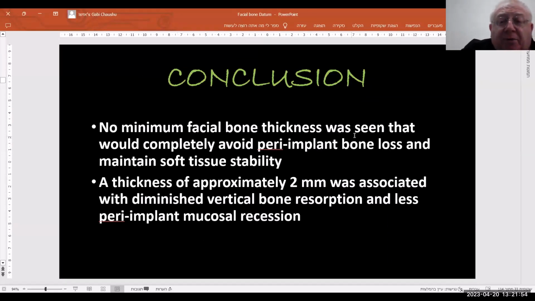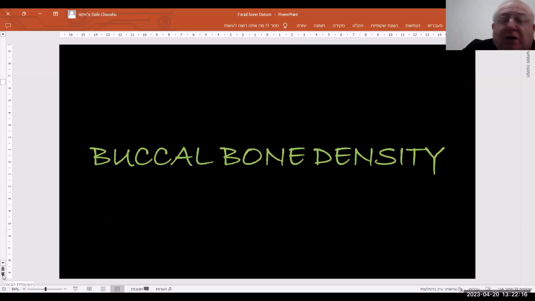No minimum facial bone thickness was seen that would completely avoid peri-implant bone loss and maintain soft tissue stability. However, their impression was that a thickness of approximately 2 millimeters can be associated with diminished vertical bone resorption and less peri-implant mucosal recession. What about buccal bone density?